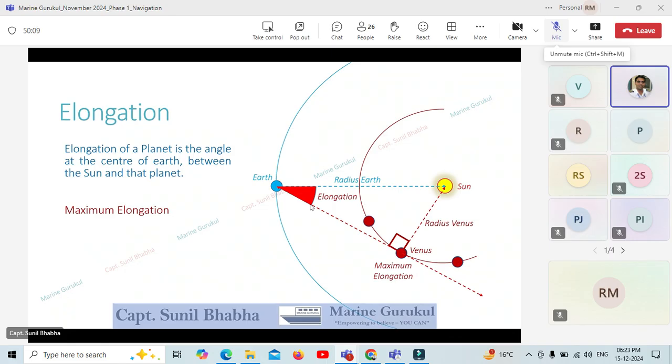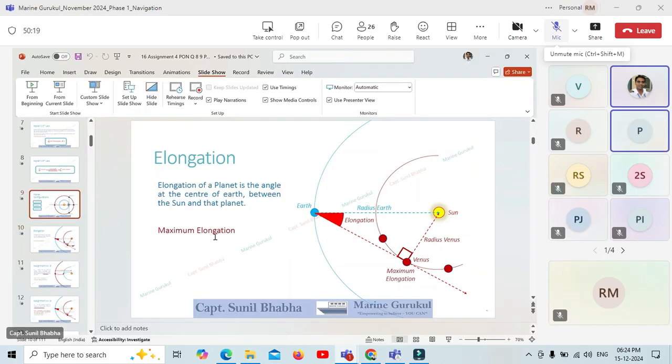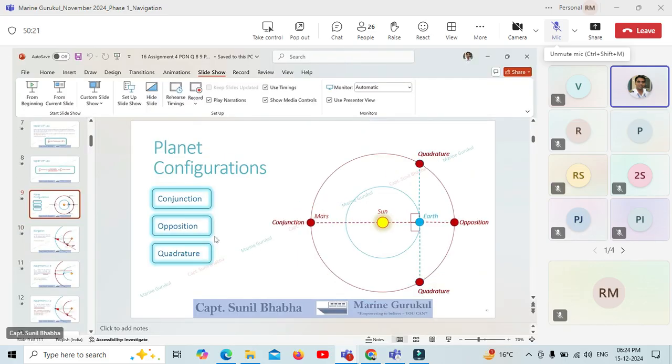So you have understood elongation, na? Angle at the center of the earth. Yes, sir. Okay, all right. Let me show you an exterior planet. Look, beta, in this diagram we can see Mars. The radius of Mars is greater than the radius of the Earth.